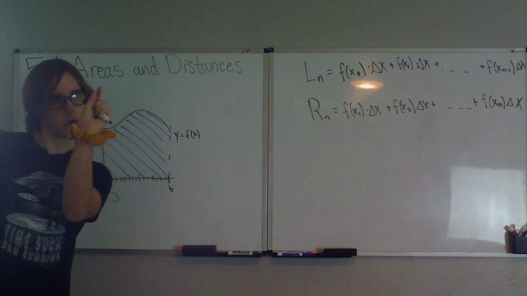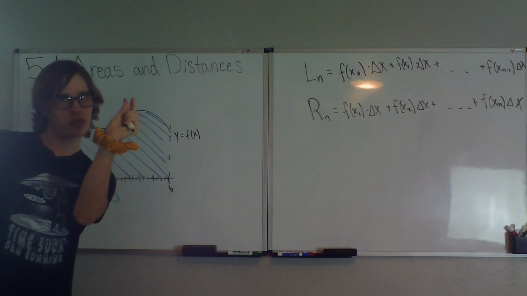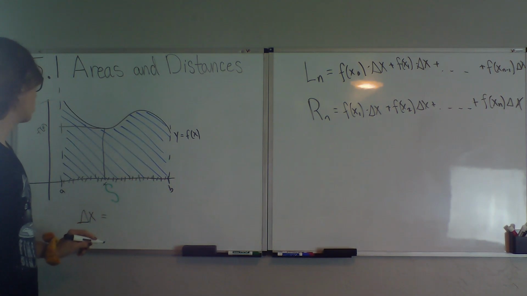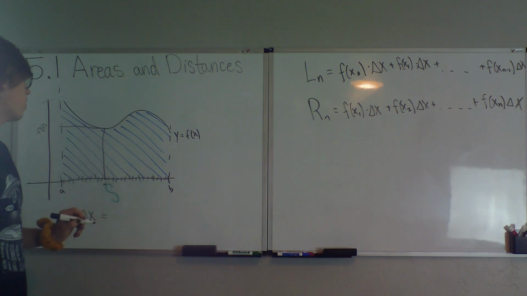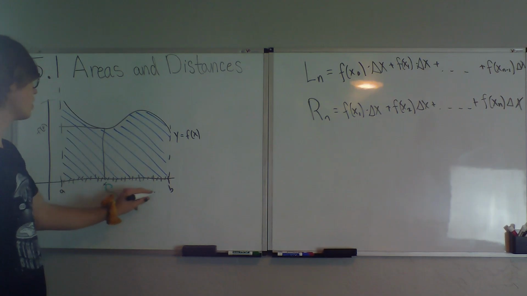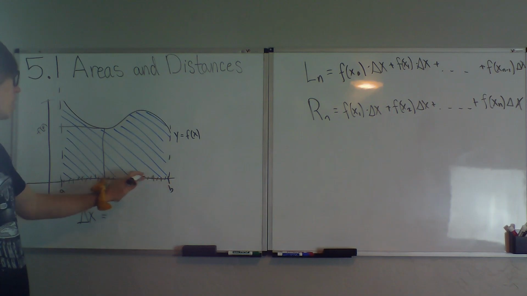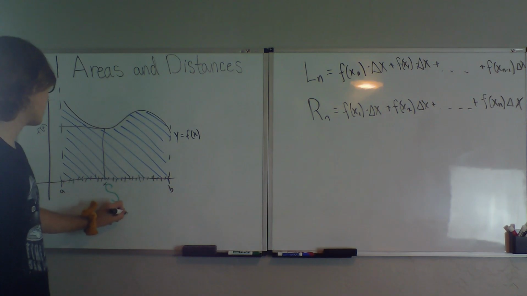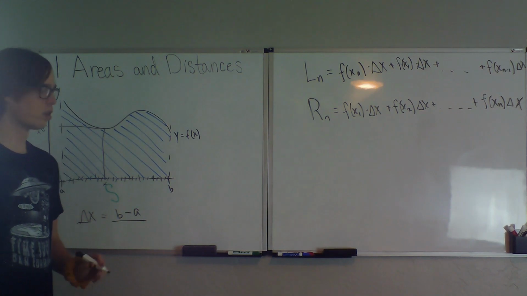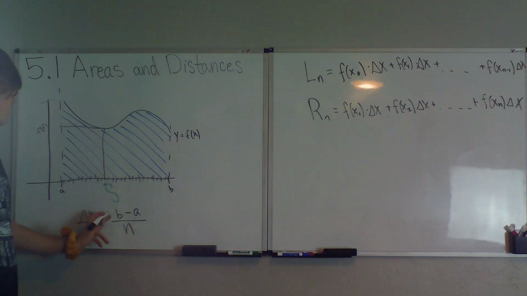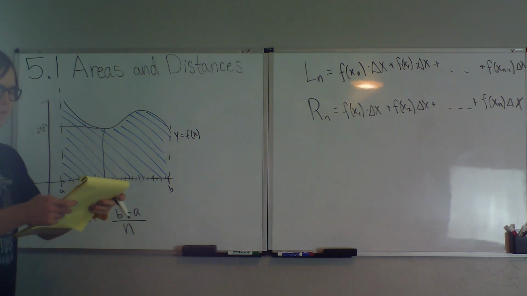We're on the interval a to b, so we want to find the length of the interval a to b. It's going to be b minus a, and then we want n rectangles. So our delta x should just be equal to (b minus a) over n.